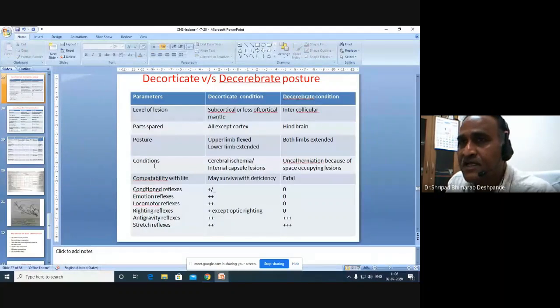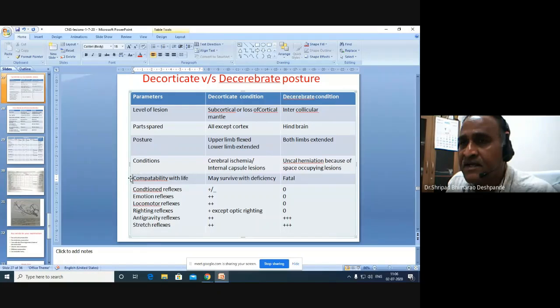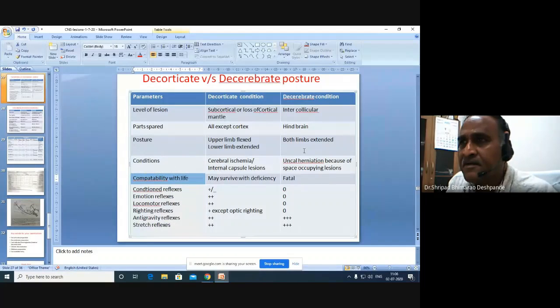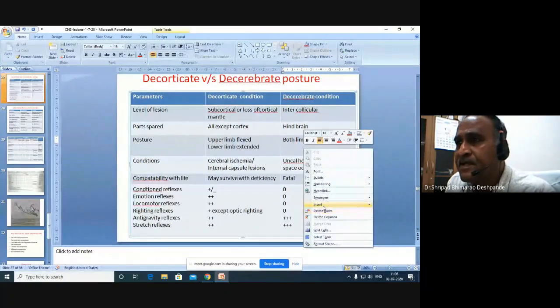So then one more column I add, and insert rows below.